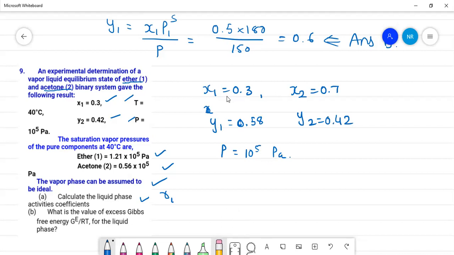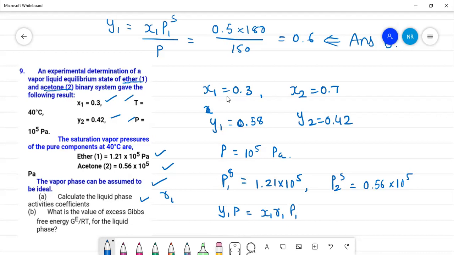So P1 saturation is given 1.21 multiplied by 10 raised to 5, and P2 saturation is given 0.56 multiplied by 10 raised to 5. Done. So Y1 P is equal to X1 gamma 1 P1 saturation.